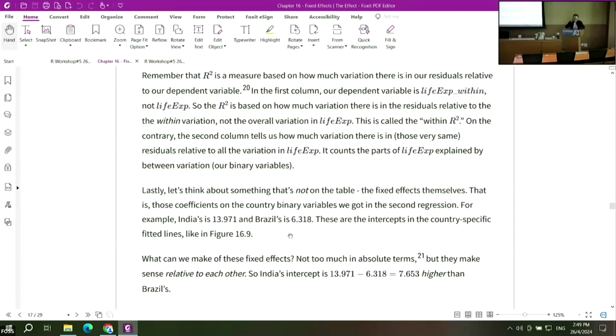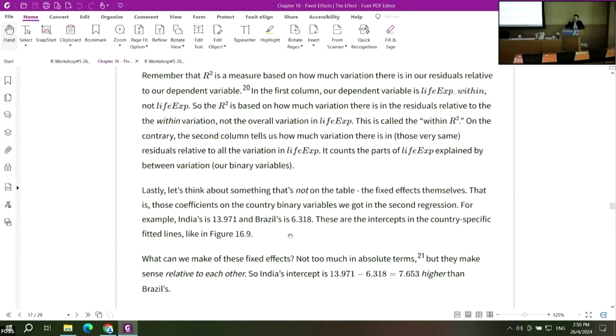if we look at the fixed effects themselves, something that's not on the table, the coefficients we got in the second regression, then the intercept in the specific fitted line, we can use that specific intercept minus the other in absolute terms, and that gives us what we call the comparison or the differences of these two countries.